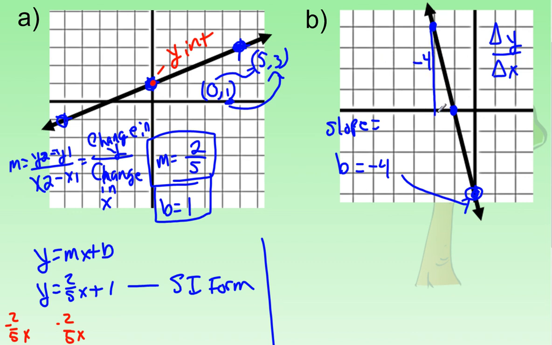Down 4 over 1. Can you guess what the slope is going to be? Down 4 over 1, which is just -4. So this problem actually has the same slope and y-intercept. It's just coincidental.